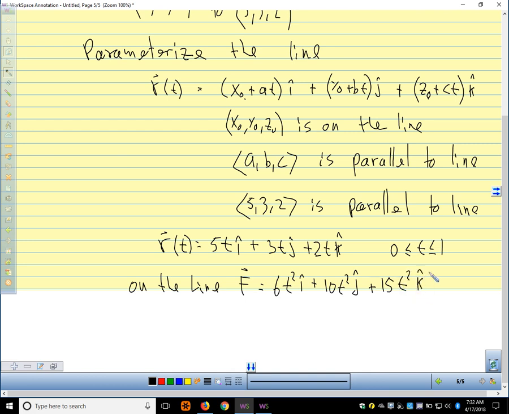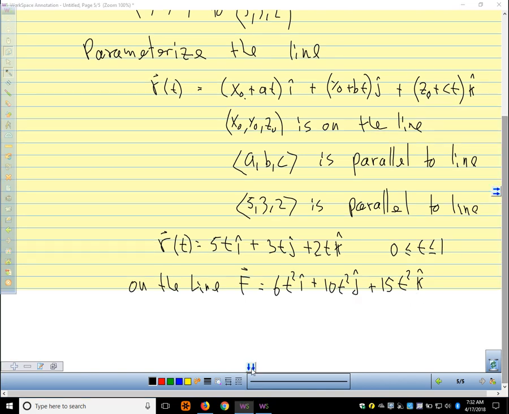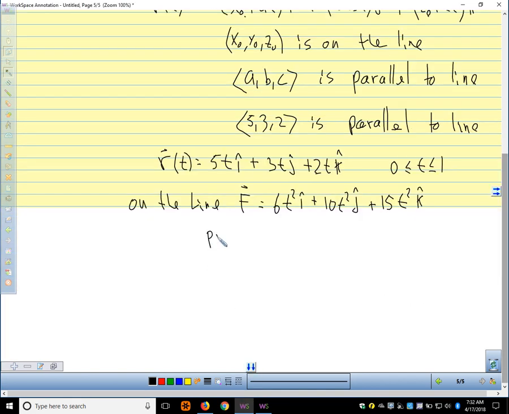And then we can proceed from here. The reason that we have to parameterize that line, we can't just do f dot pq, is f varies from 0, 0, 0 to 5, 3, 2. This represents how it varies as we move along that line.